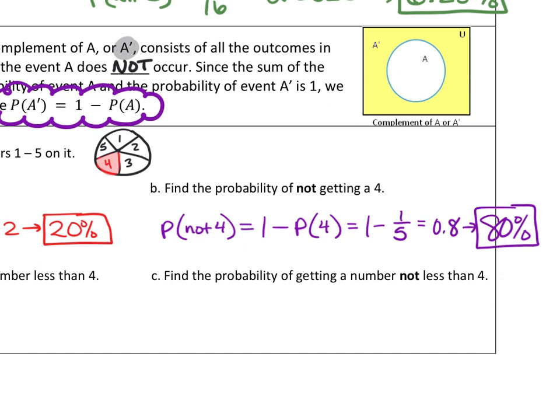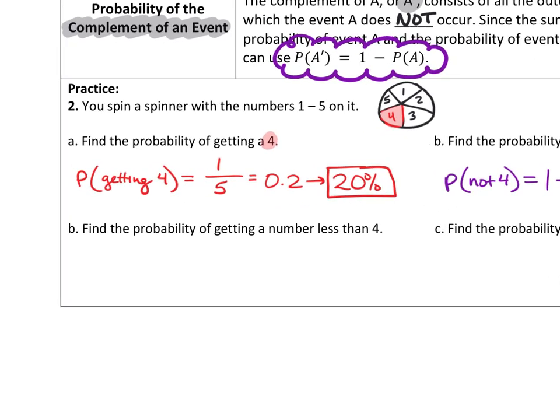What is that as a percentage? 80. Look at that. It's just what we got, right? So complementary probability is just the same as calculating the theoretical probability of the thing not happening. Occasionally, though, it is easier to use this complementary probability formula, 1 minus the probability, especially when we get into complicated things. But for right now, you could do it the old-fashioned way and just say, well, this is the same as 4 out of 5. That's 80%.